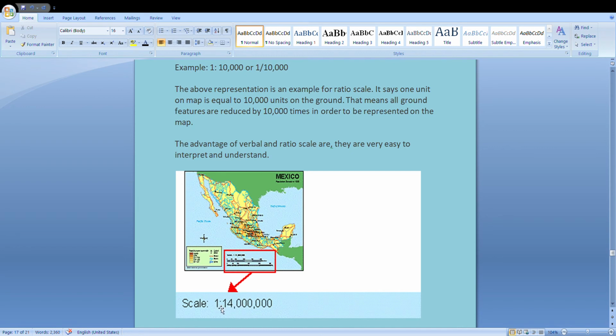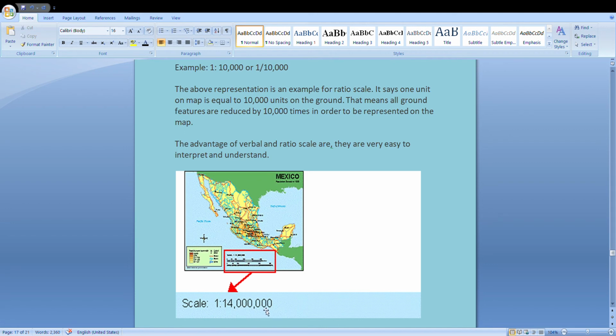If this is 1 centimeter, then these are 140 lakh centimeters. So 1 unit is representing these many units. Here we don't write any centimeter or inch. It depends from country to country which units you take. In the US we generally use miles on one side and inches on the other. But in India, this is always used for centimeter and this is always used for kilometer or meters.